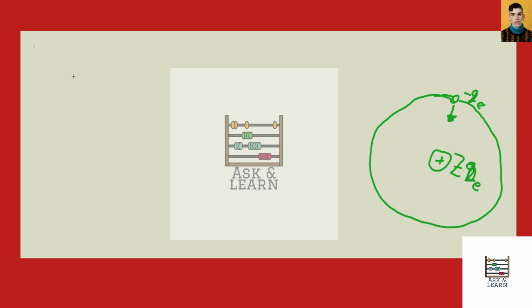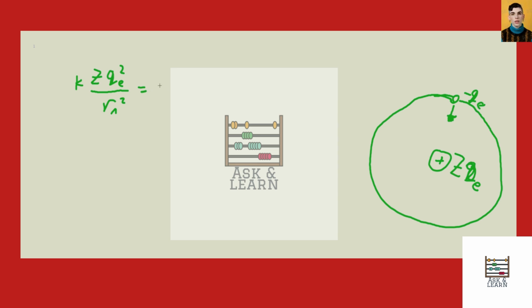So we can write Newton's second law for circular motion. We have Coulomb's force, which is K Z Qe, this is one charge, and the second charge is just Qe, so we can write just Qe squared over R squared, which is MA.